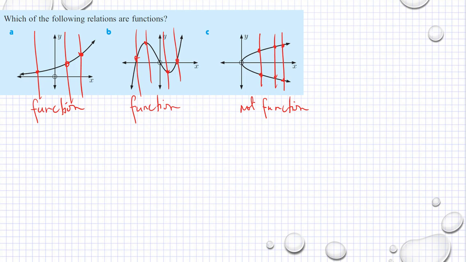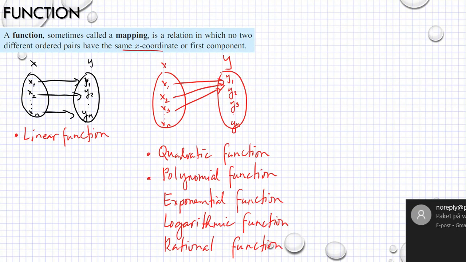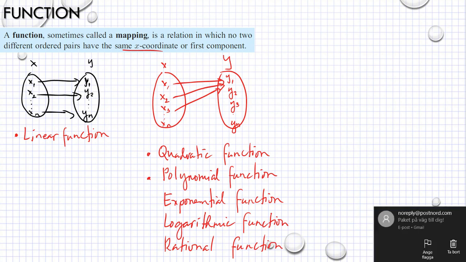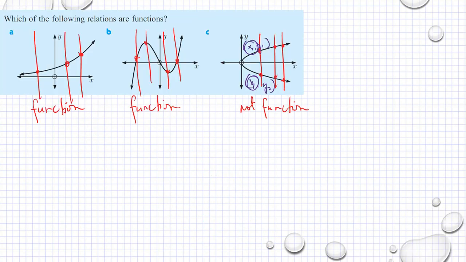So if I call this point x sub 1 and y sub 1, and this point x sub 1 and y sub 2, then I have two pairs of numbers with the same x coordinate. And the definition doesn't allow for that. That is why the third one here is not a function.